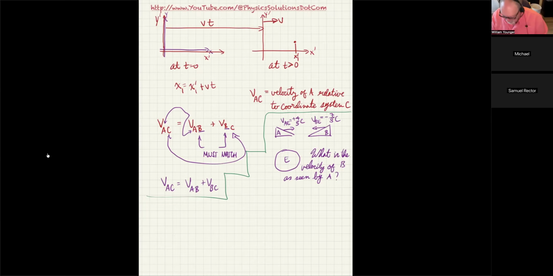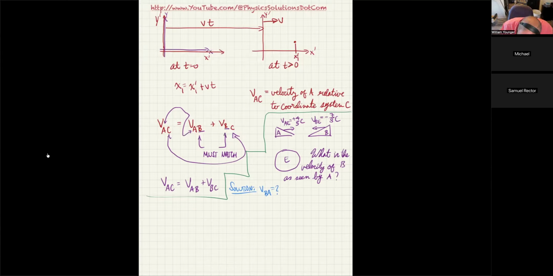But according to our addition of velocities formula, the answer is as follows. Solution. Remember, the subscript rule is what we're using. I'd like to know the velocity of B as seen by A, the question mark. Notice how I had to understand what subscripts to use for the velocity I'm shooting for. The velocity I'm shooting for is the velocity of B, so that's the first subscript, but I want to know what it is relative to A, so that's the second subscript.